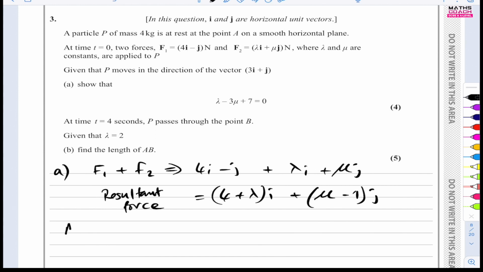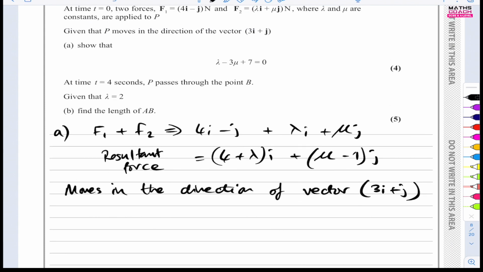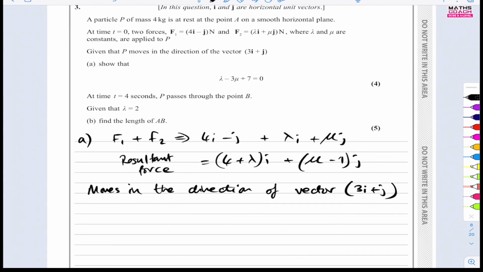Now, if something moves in the direction of a vector that we are given, in this case the vector is 3i plus j, what does this mean? That means that our resultant force, (4 plus lambda) i plus (mu minus 1) j, is going to be equal to a multiple of that vector.